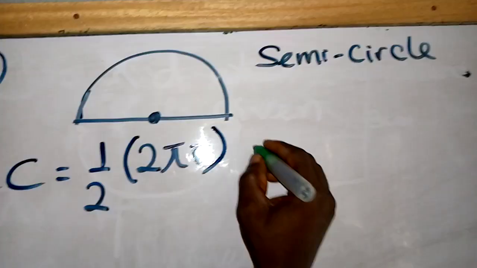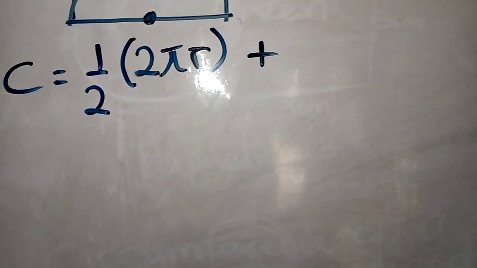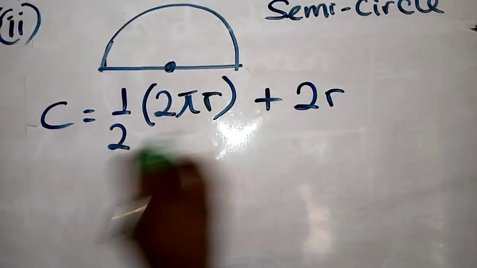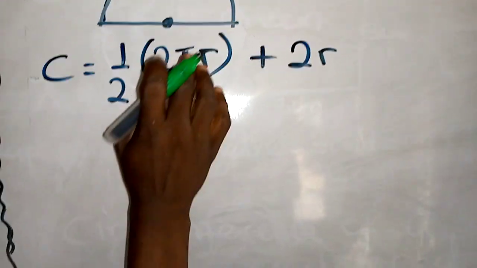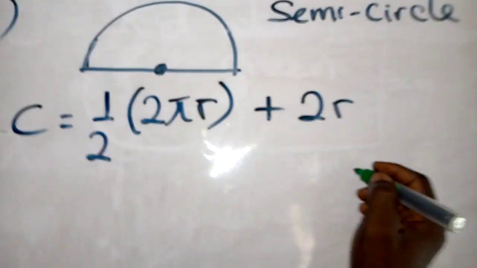Okay? Now you add it to 2 radius. That is half of the circumference of a circle plus 2r.